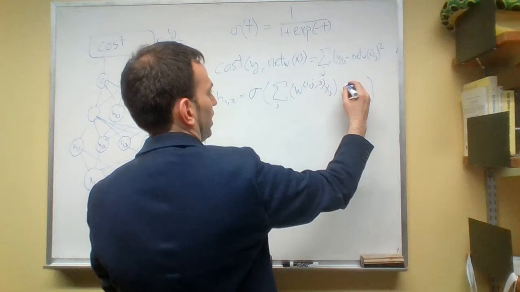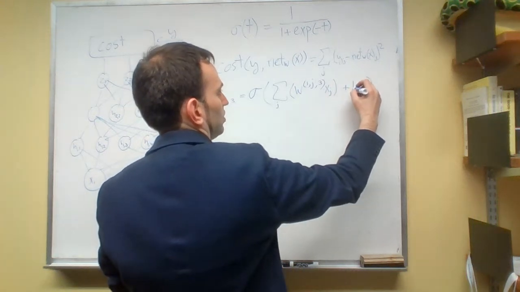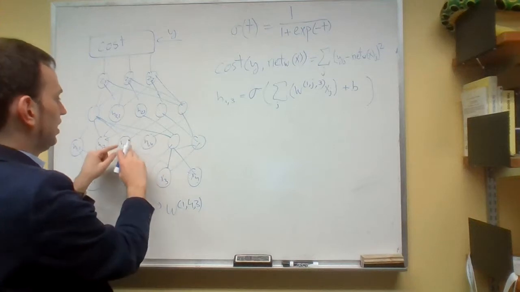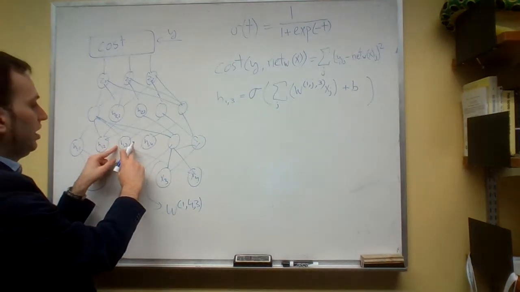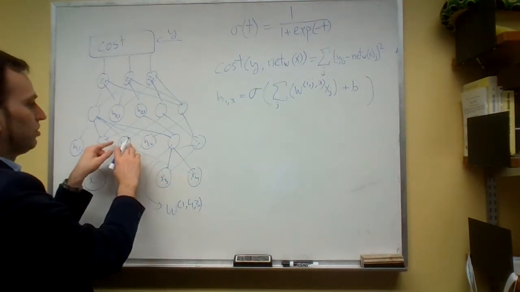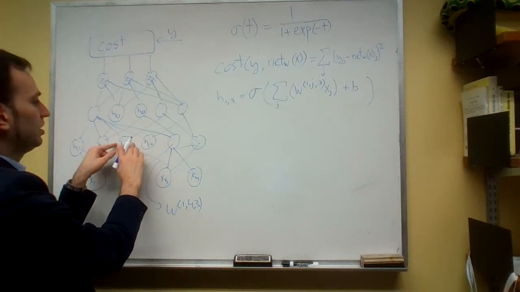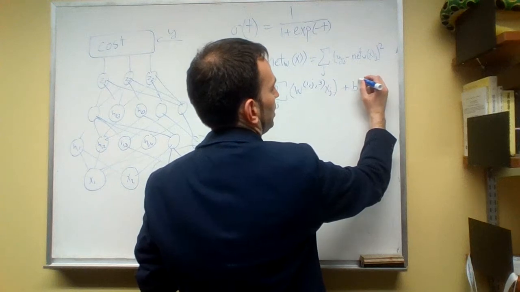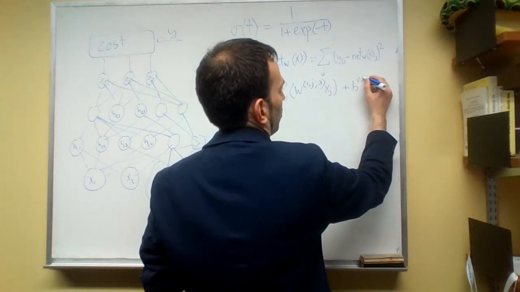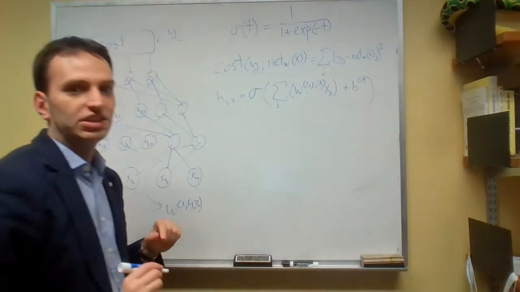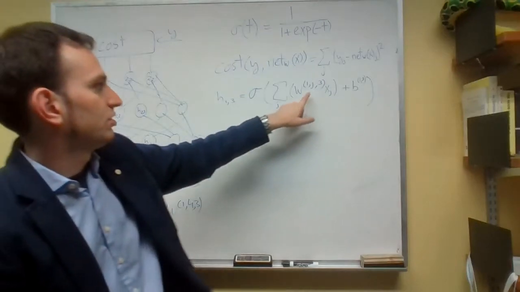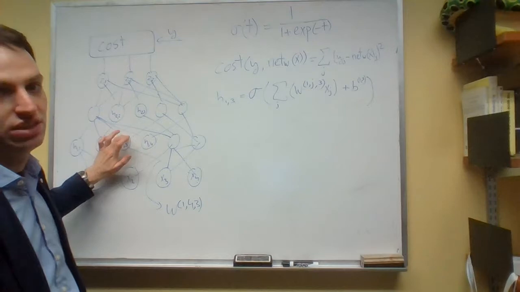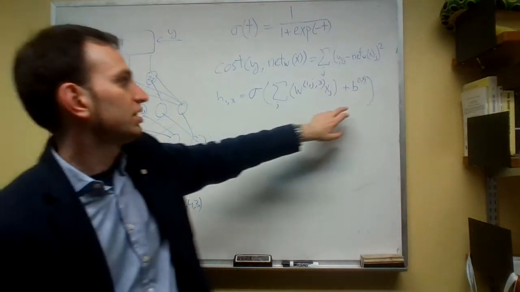We also need to add the bias. The bias is associated with this unit, and it doesn't care about the axis. It only cares that it's associated with this unit and that it's in this layer, so we'll denote it as B13, like so. The reason there is a j here and just 3 here is that there are lots of weights associated with this hidden unit, but just a single bias.